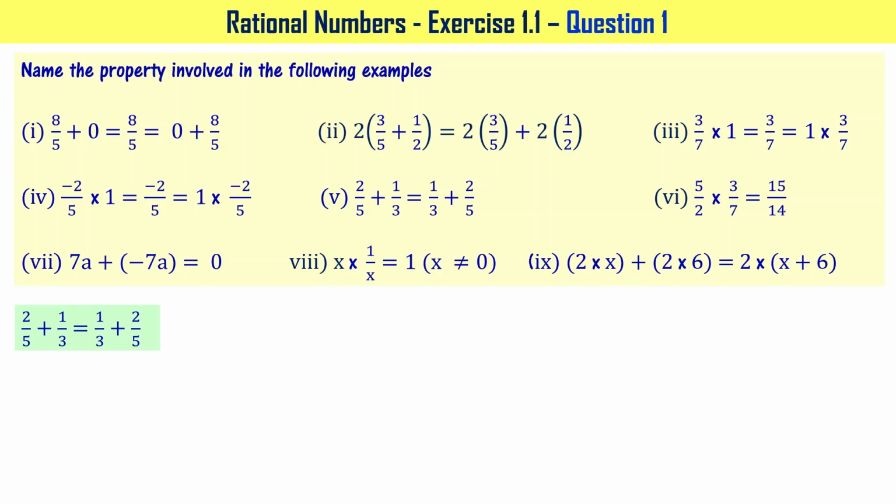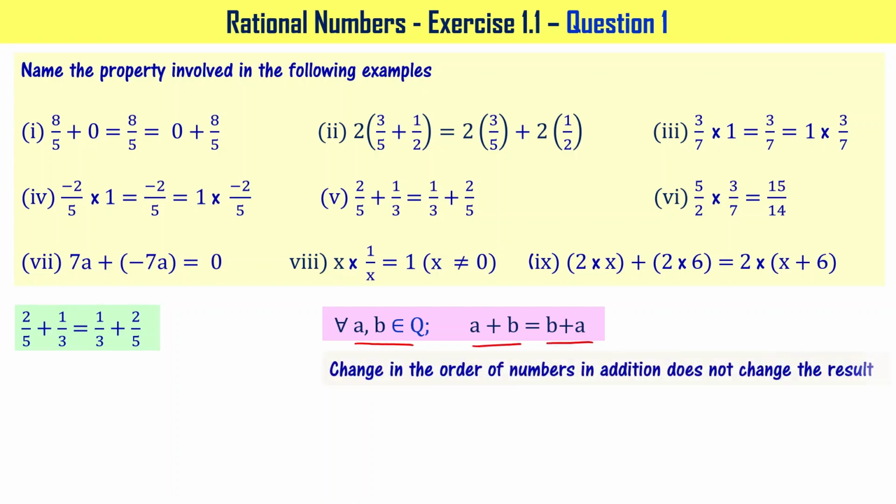2 by 5 plus 1 by 3. That is written as 1 by 3 plus 2 by 5. We learned in the concepts video that for all a and b belonging to Q, a plus b equal to b plus a. Meaning for all rational numbers a and b, we can write a plus b equal to b plus a, right?